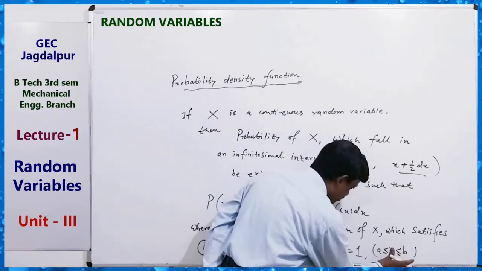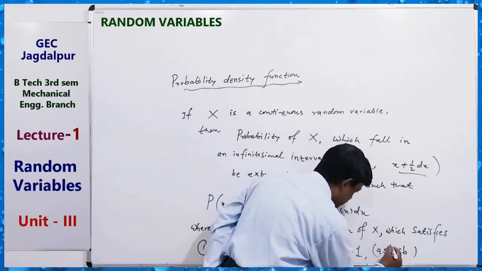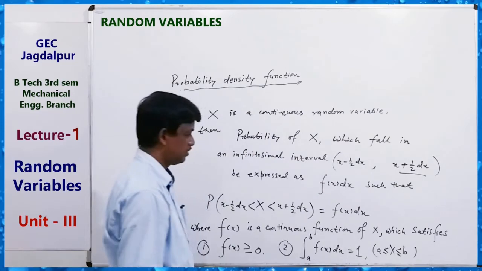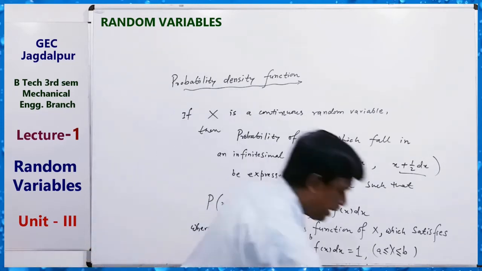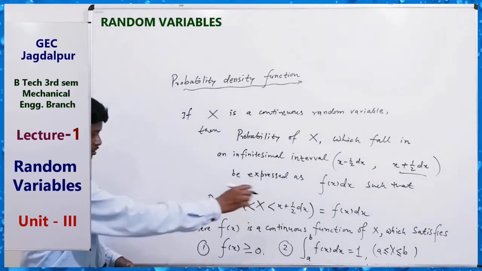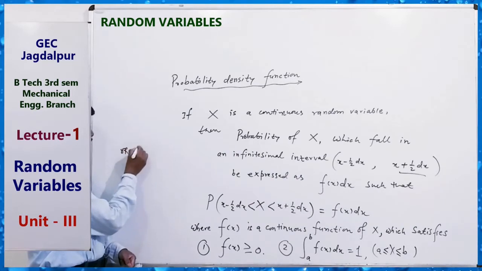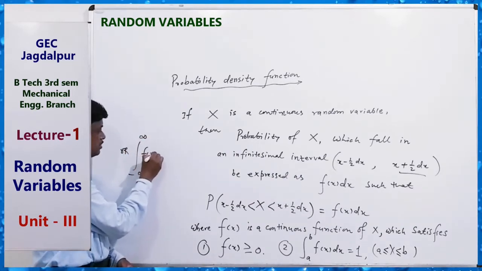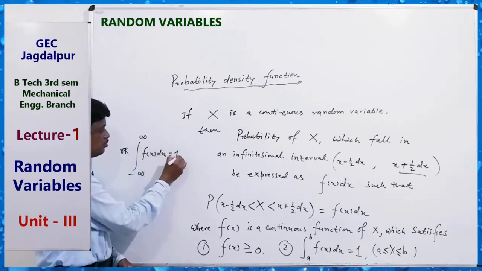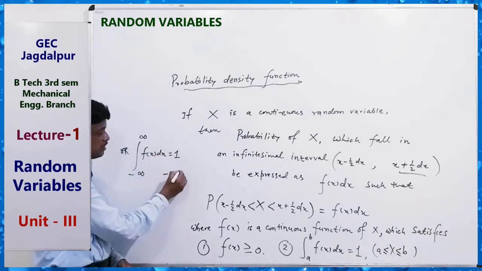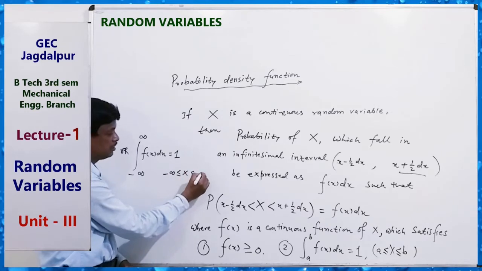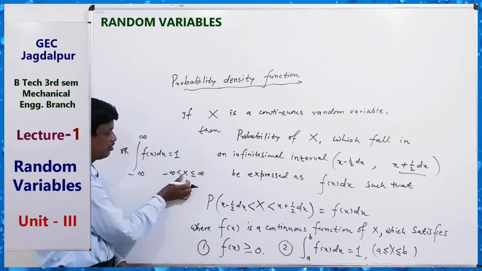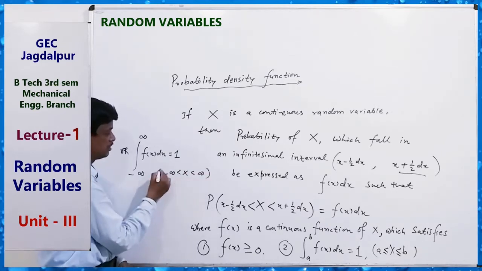You can write capital X. We can also write the integral from minus infinity to infinity of f(x) dx equals 1, where minus infinity is less than or equal to x, less than or equal to infinity.